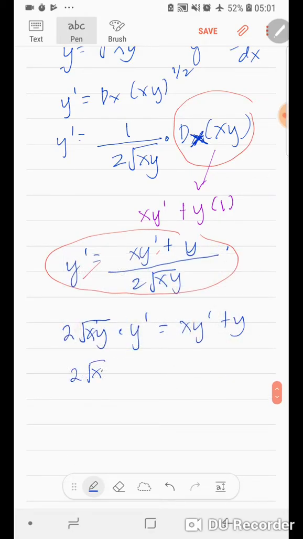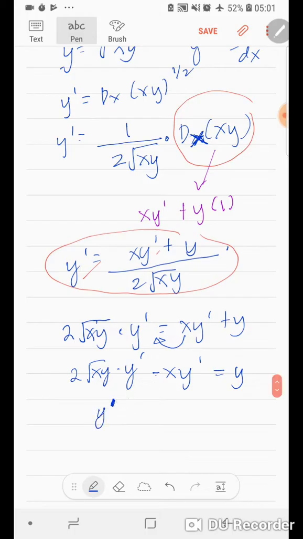Let's move xy prime, so 2 square root of xy times y prime minus xy prime is equal to y. Be careful in transposing this because some students actually still put positive. You need to change the sign when you transpose it to the other side. So factor out the y prime.